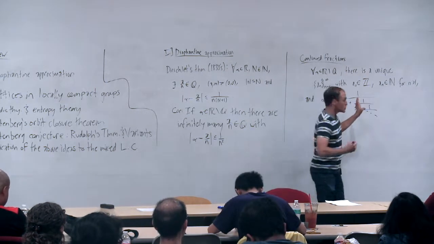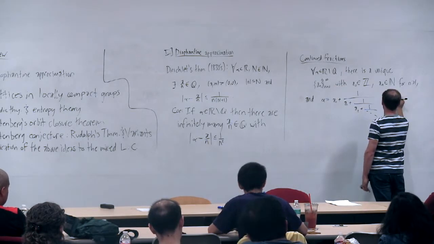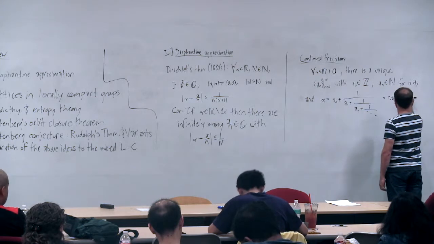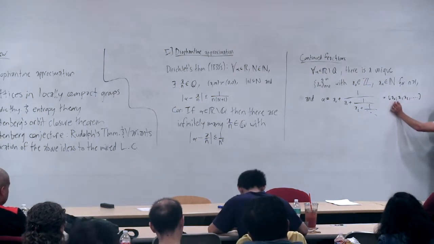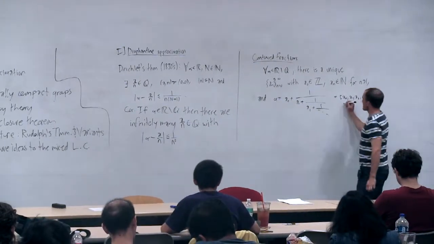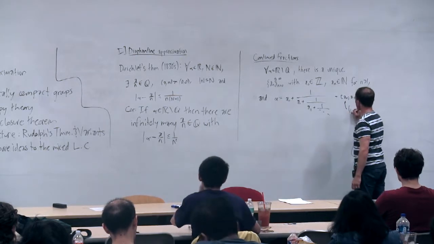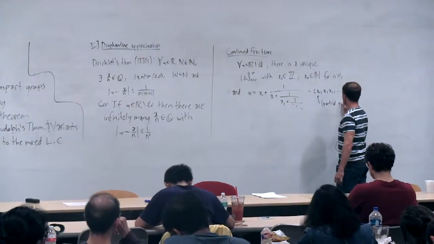Okay? Shorthand notation for this, because you don't want equations stretching down the board in that kind of a way: one shorthand notation that I use is to write brackets and then put the first number here and then a semicolon and the rest of the numbers. These numbers are referred to as the partial quotients in the continued fraction expansion of a real number alpha.